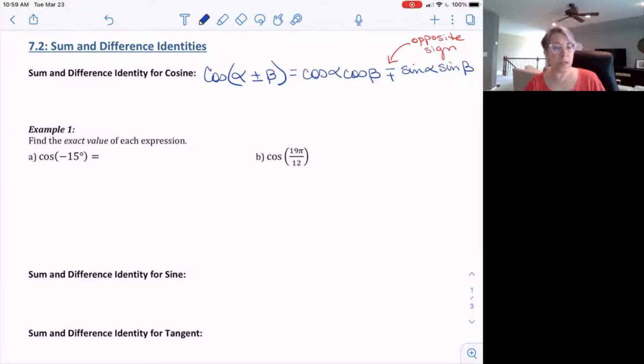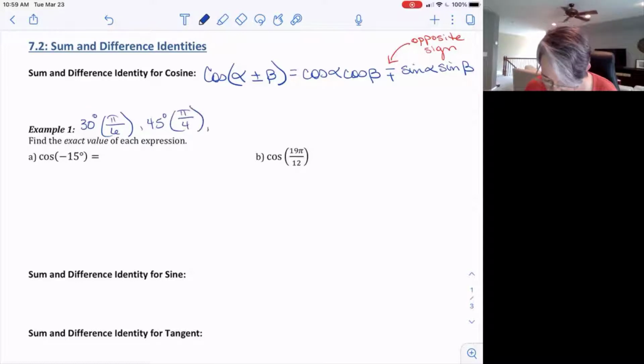So that comes in handy with problems like example 1, where we're asked to find the exact value of an expression, but the angle is not one that we're familiar with. So remember, the angles that we are familiar with are all of the quadrantal angles, 0, 90, 180, but also 30 degrees, which is any multiple of pi over 6, 45 degrees, pi over 4, and 60 degrees, which is pi over 3.